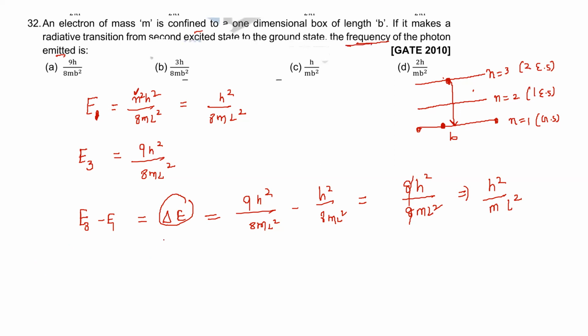We know delta E is related to frequency by the formula delta E equals h nu. So in place of delta E, we write h nu, which is equal to h square over m L square.